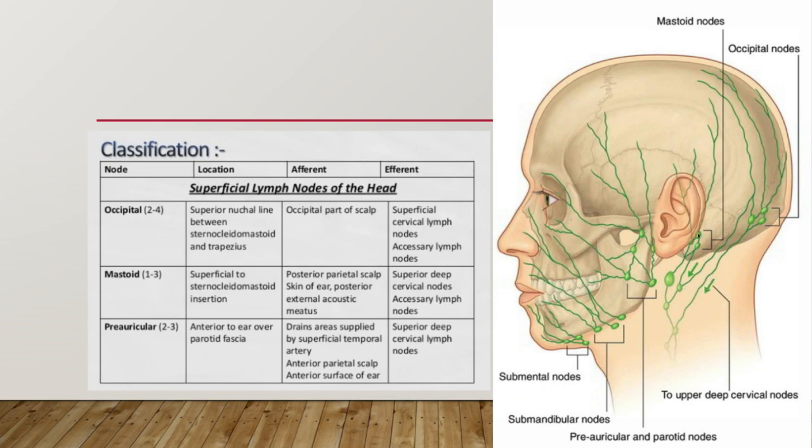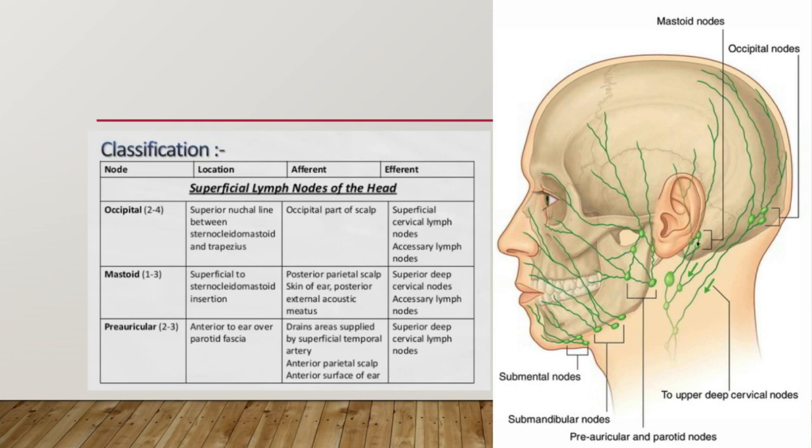Whereas the mastoid group of lymph nodes lies superficial to the insertion of the sternocleidomastoid in this region. So, this is the mastoid tip, where the sternocleidomastoid joins. The mastoid group of lymph nodes lies above the insertion of the sternocleidomastoid.